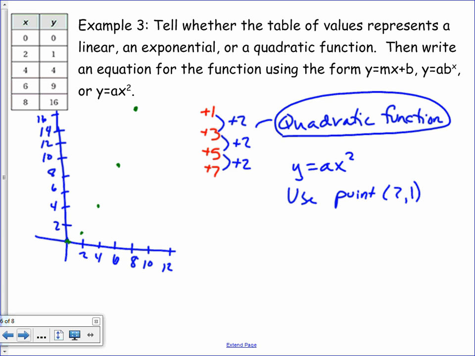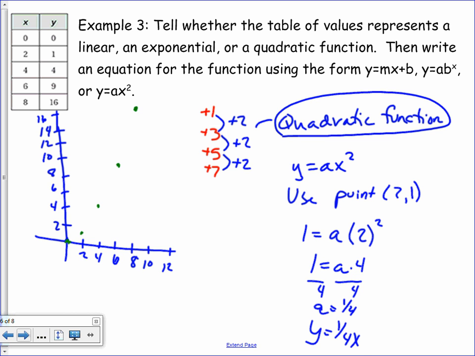So 1 equals a times 2 squared. So 1 equals a times 4, divided by 4. So a equals 1/4. And then rewrite the equation, 1/4 x squared. So this is a quadratic function, and the equation is y equals 1/4 x squared. All right.